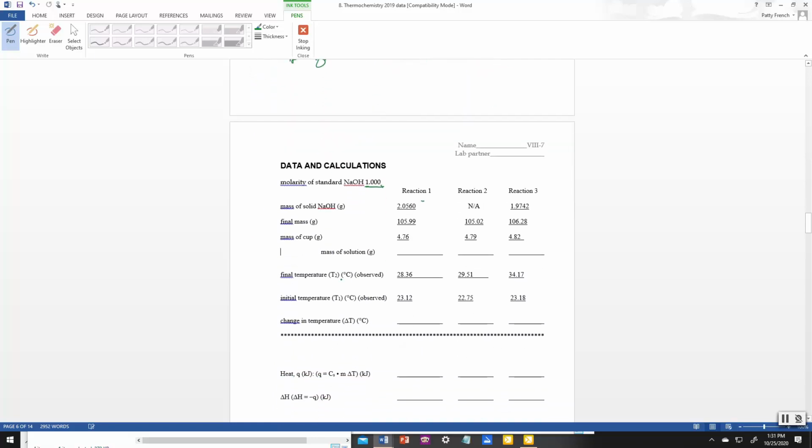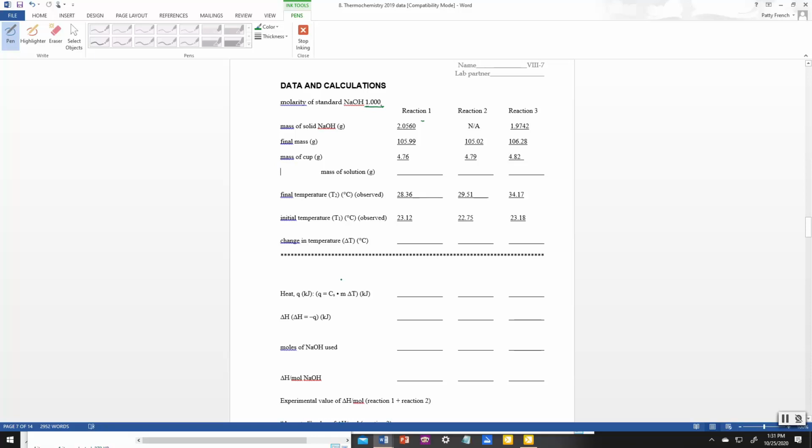So now, here's some data I got a few years ago. This will not be yours because obviously things have changed, but this is the data I got. So moles per liter is what molarity is, and that's going to be important to remember. The first thing that we had to do in trial 1 was mass some solid NaOH on the analytical balance.